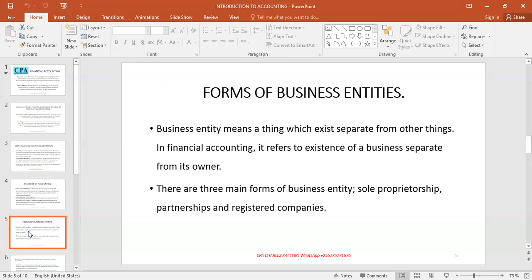The sole proprietor and some partnerships have unlimited liability, whereby if the business is winding up and there are debts, they have to look for money to pay the debts the business is having, which is not the case with registered companies, because some of them have limited liability.